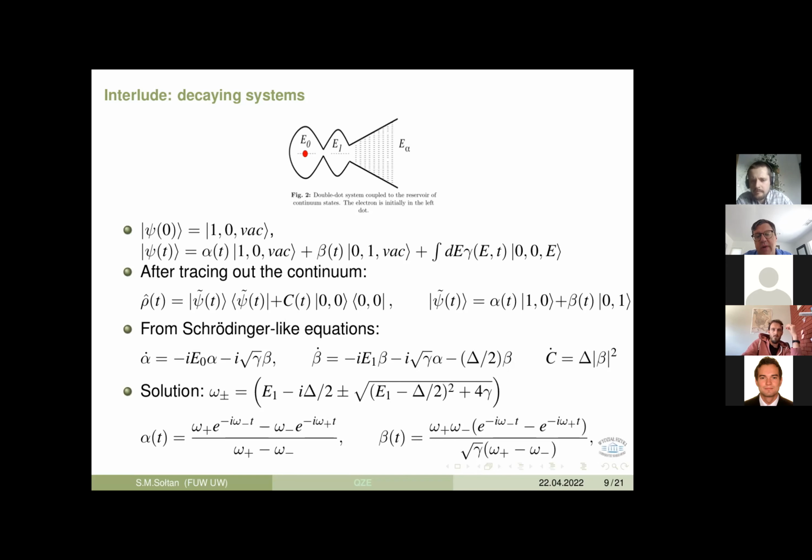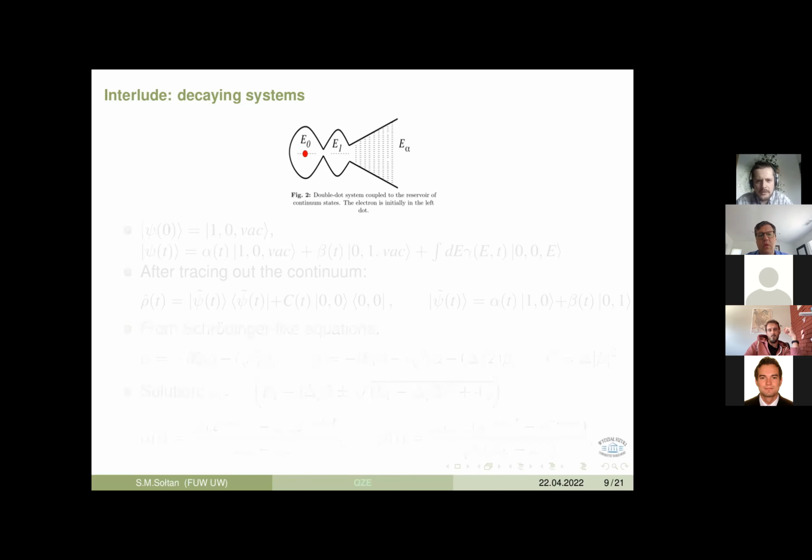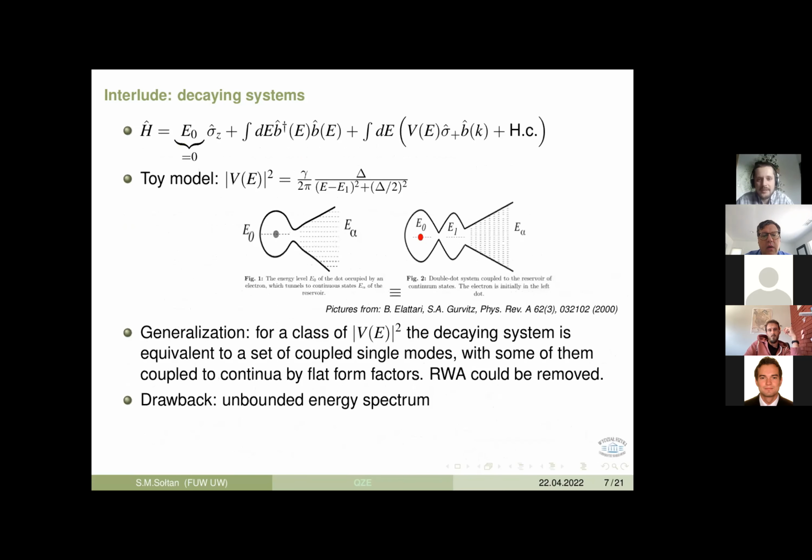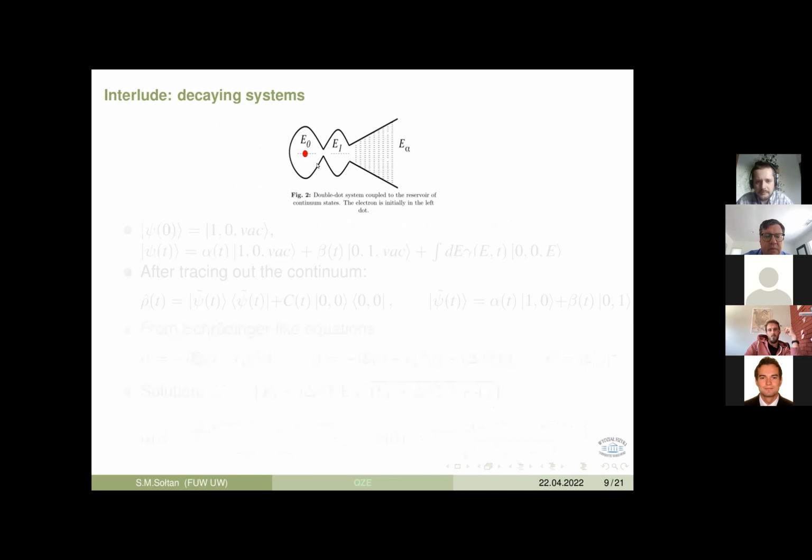But you could imagine setting E1 to be delta, but I guess gamma is probably a positive parameter in your model. Is that right? Yes, so it's always going to be real. Gamma is the coupling strength. Okay, good, that makes sense.